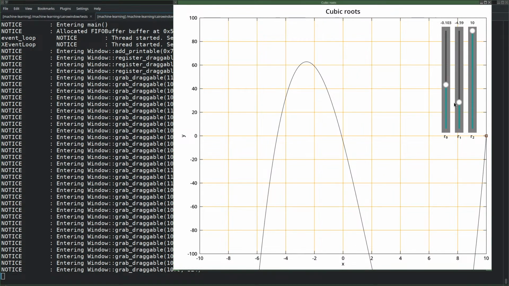Should probably write this down. Yeah, I have to put it down, otherwise I forget it.